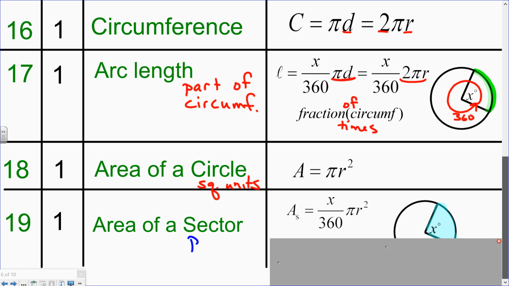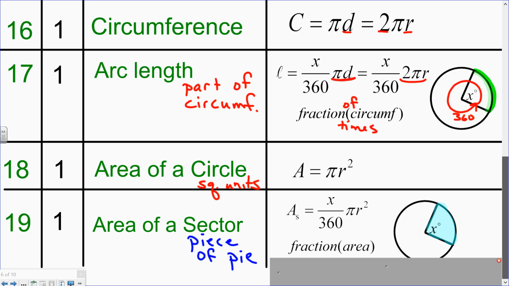And a sector is like a piece of pie, not just the crust. Arc length is like the crust on the pie, and a sector is like the whole piece of pie. And so again, it would just be the fraction times the area, the fraction times pi r squared.